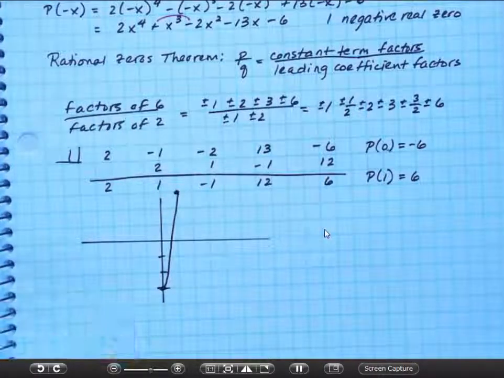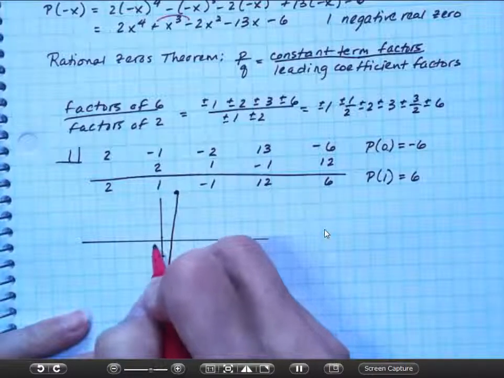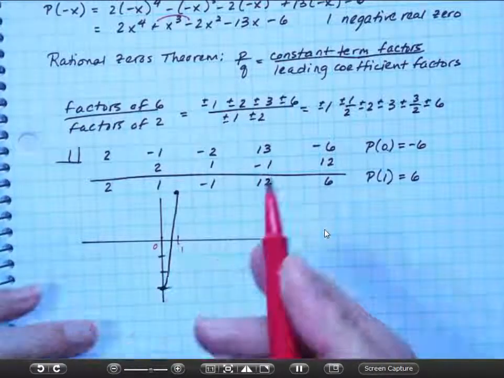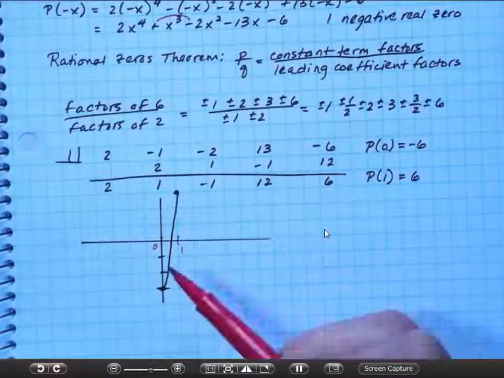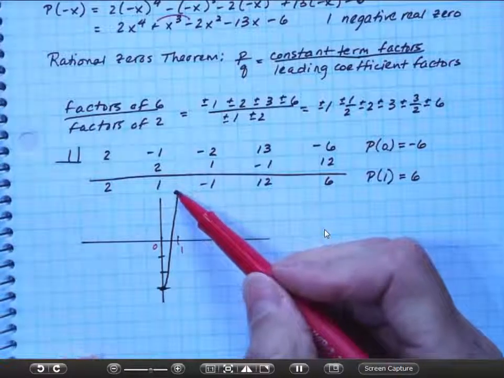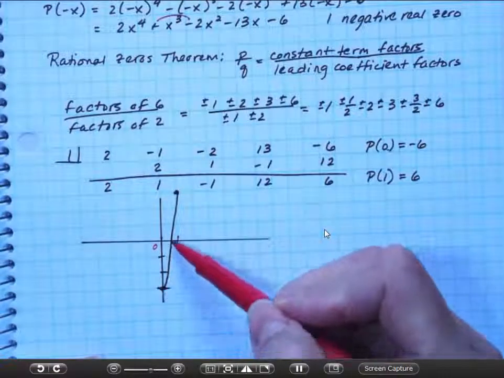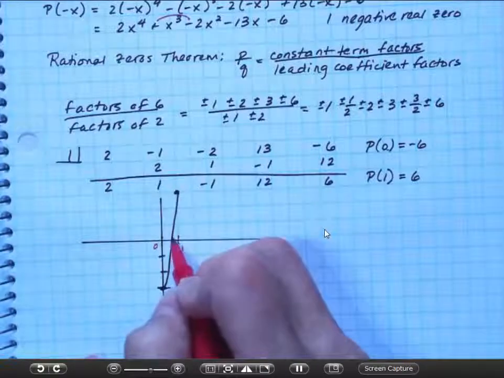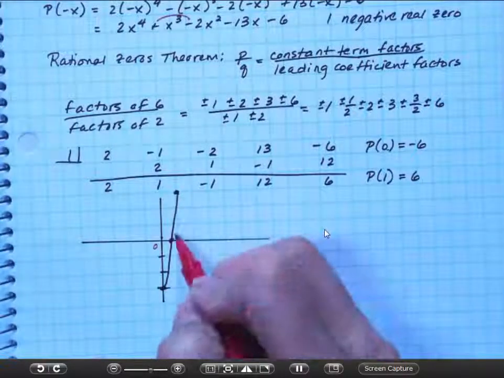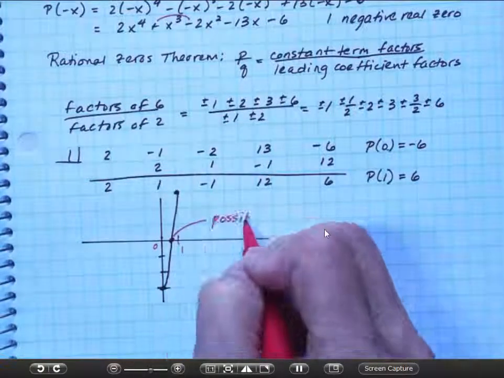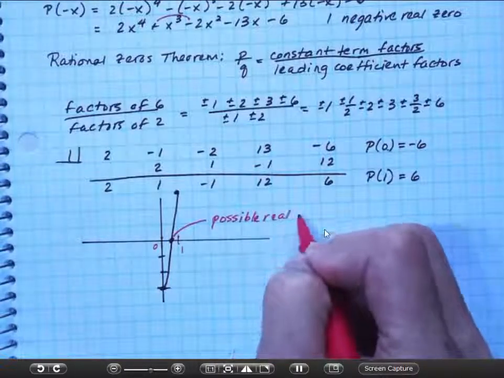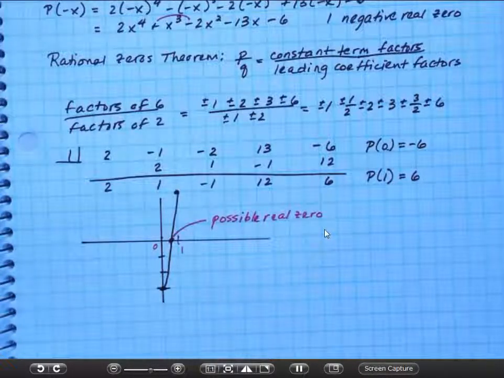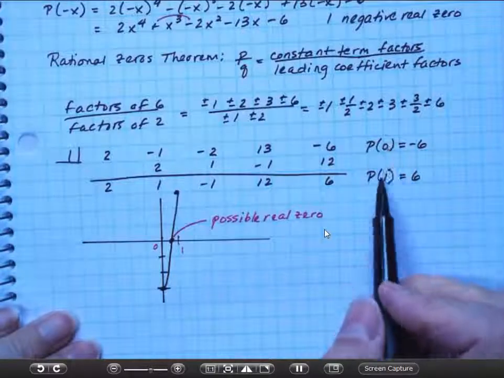Here is x equal to 0, and here is x equal to 1. So to get from 0 to 1, I needed to go across the x-axis. And when I cross the x-axis, this is a possible real 0. Well, it actually is a 0. So that means that between x equal to 0 and x equal to 1, I have a 0.